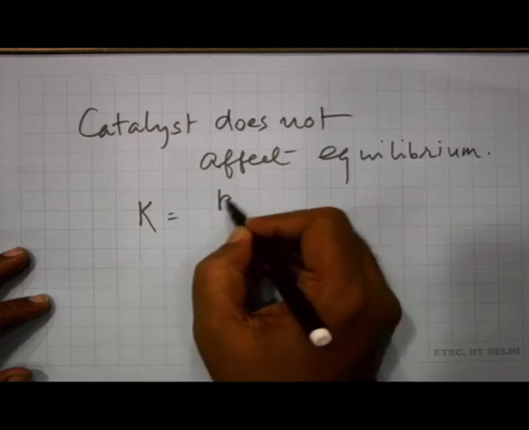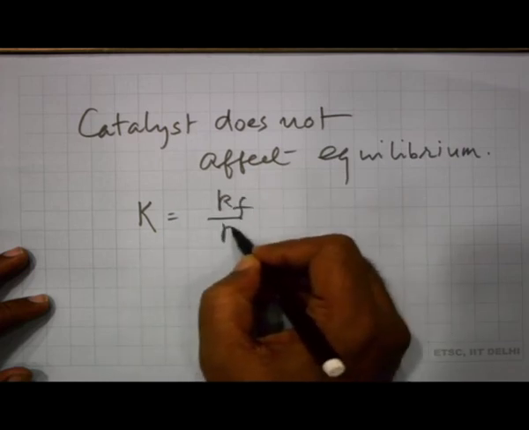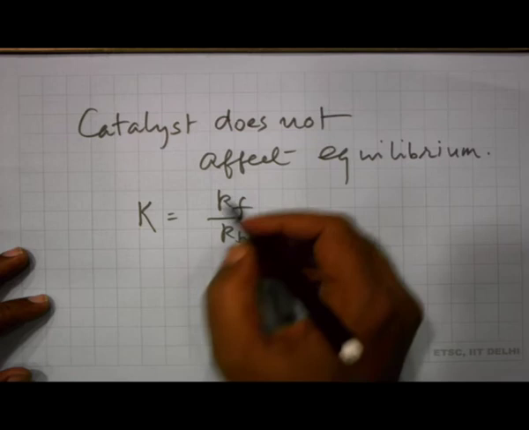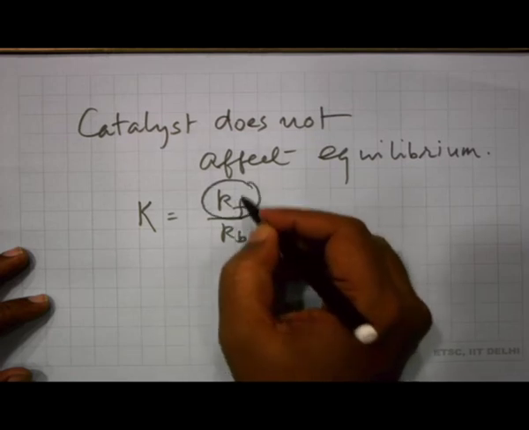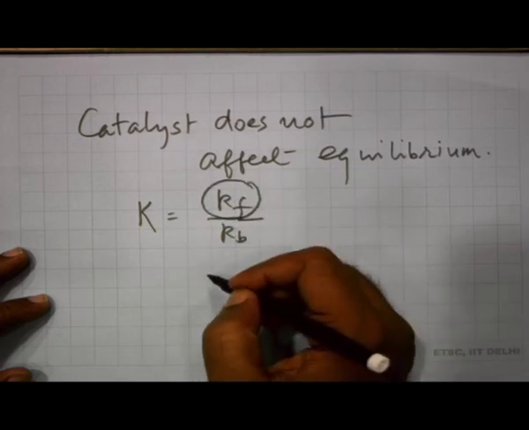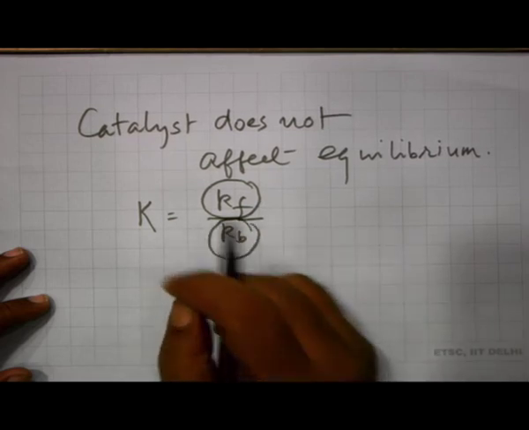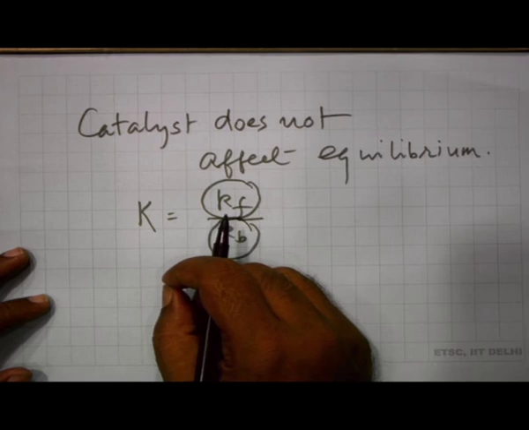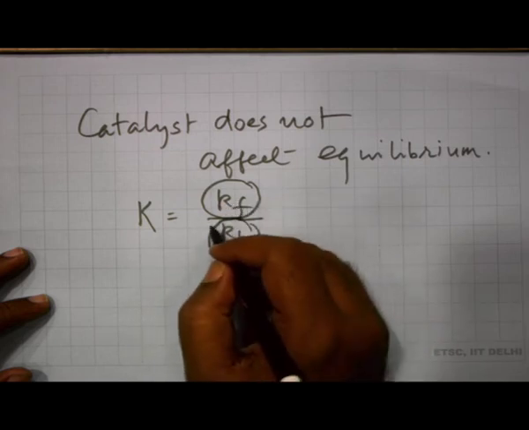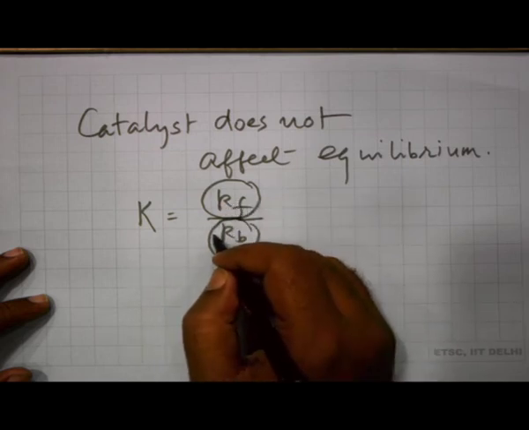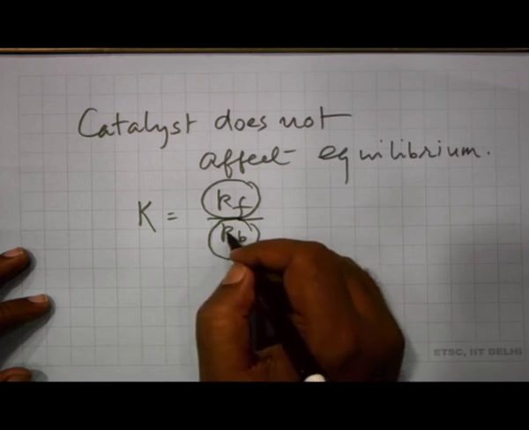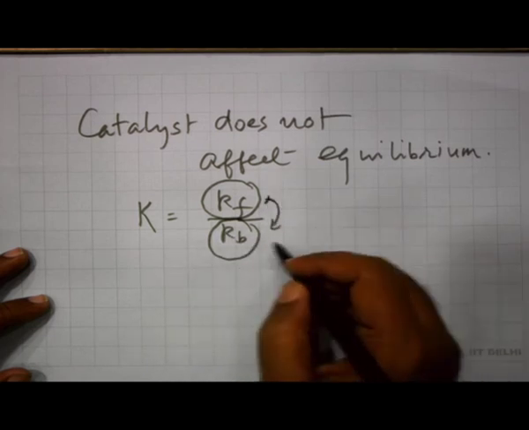K is Kf by Kb. Kf is the rate constant for forward direction and Kb is the rate constant for backward direction. Kf and Kb change when we add a catalyst, but the ratio does not change.